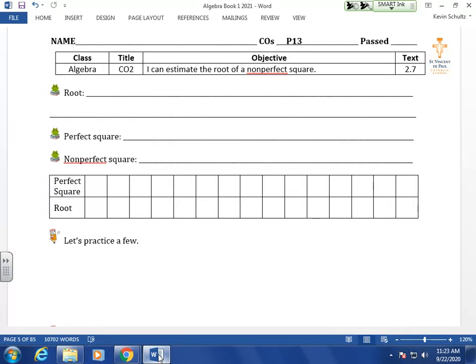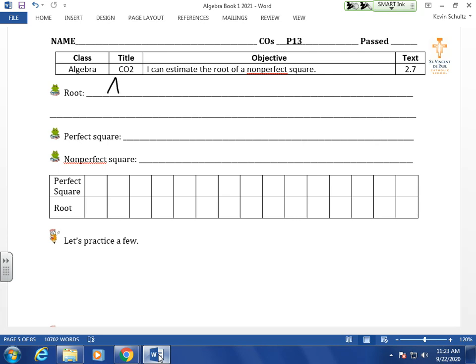Yes. The result of a number multiplied by itself. Okay, so the result of squaring something is the product that we get from multiplying something times itself. It's kind of, you're in the ballpark there.